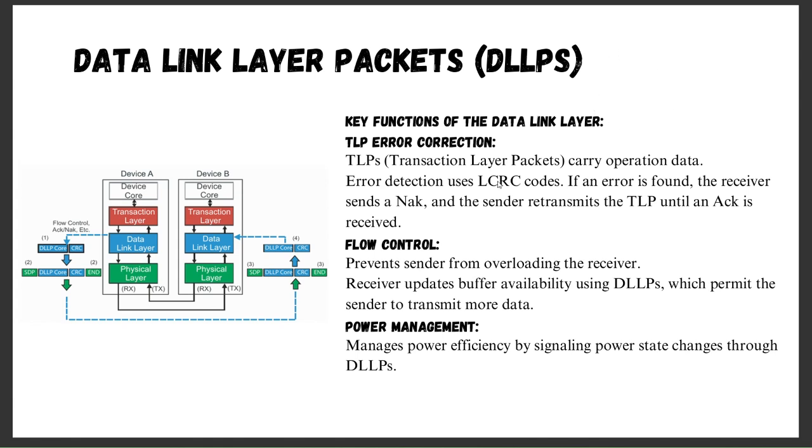Next, the flow control. Flow control ensures the sender does not overwhelm the receiver with too much data. The receiver communicates its buffer availability through small DLLPs. These DLLPs act like tickets that tell the sender you are allowed to send more data now.